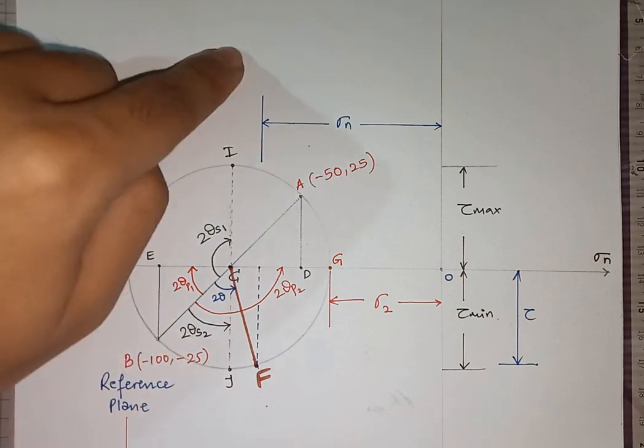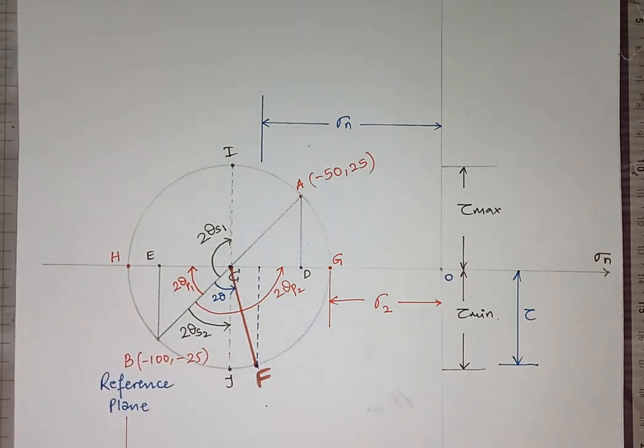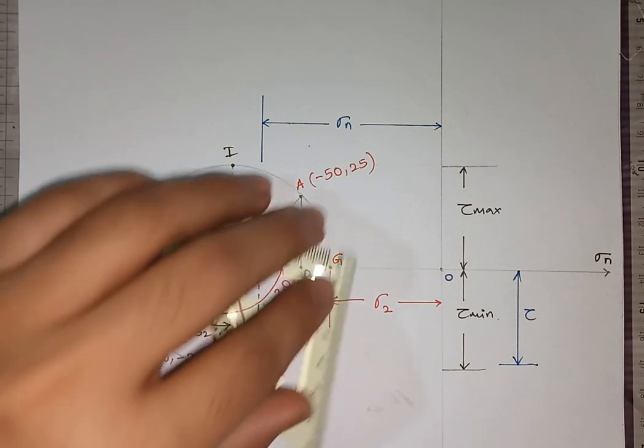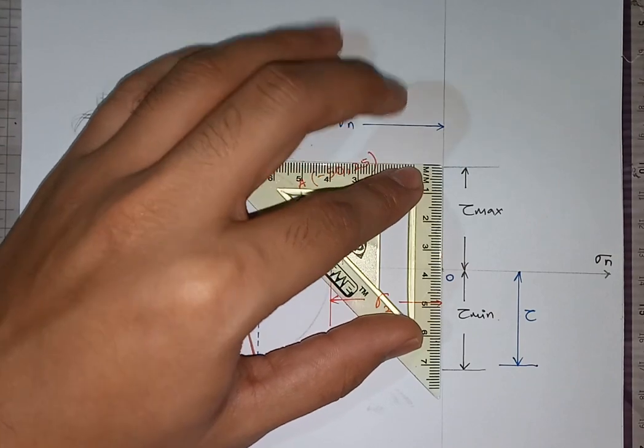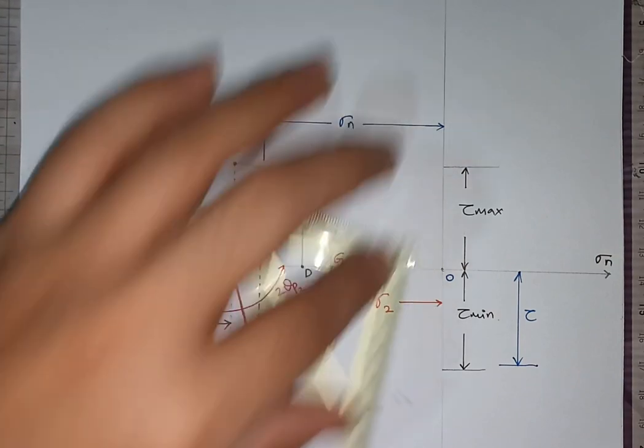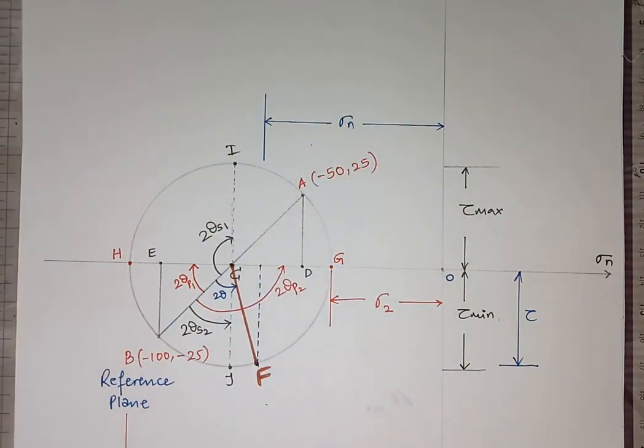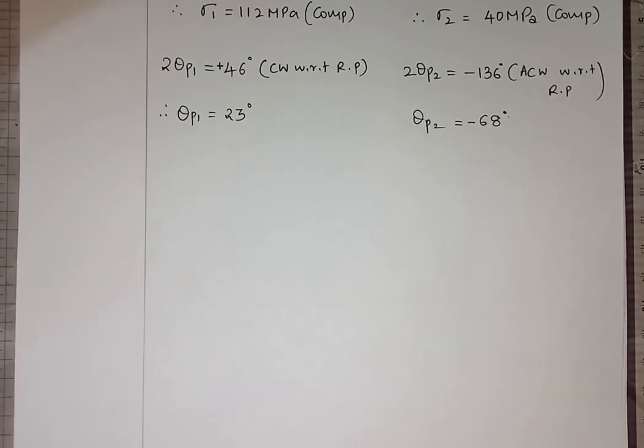So 136 is positive, 45 is negative, and this is 37 mm, right? So once again, let me check. Yes, perfect. It is 37 mm. So let us go for the calculation.